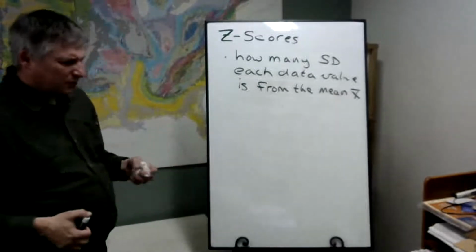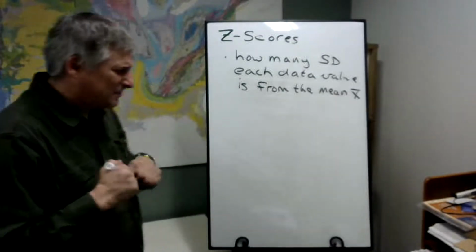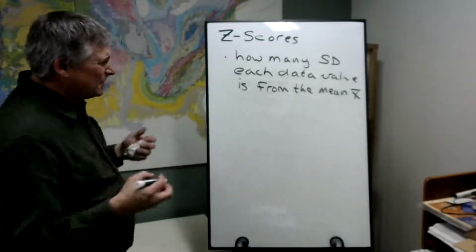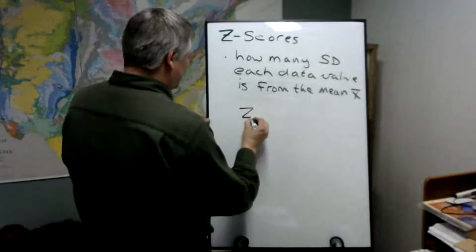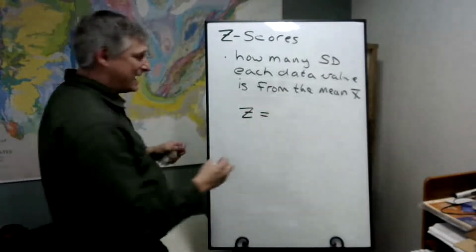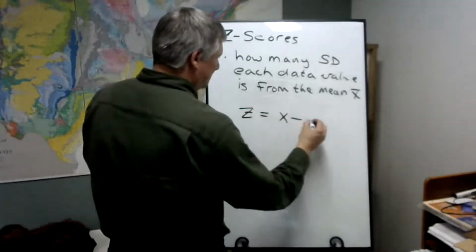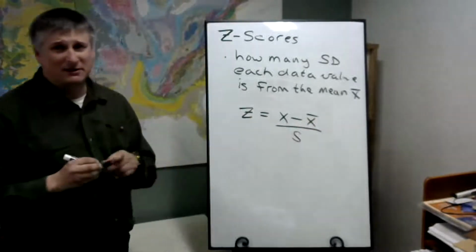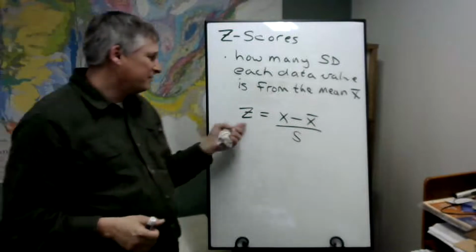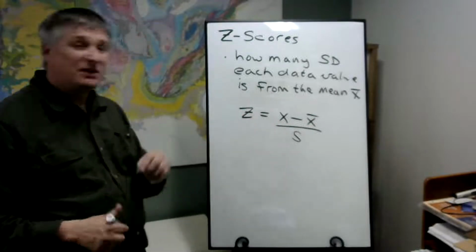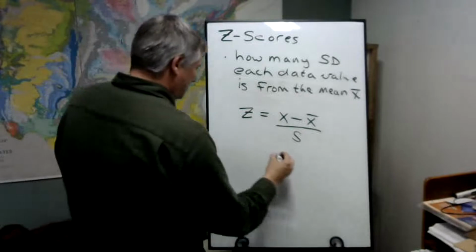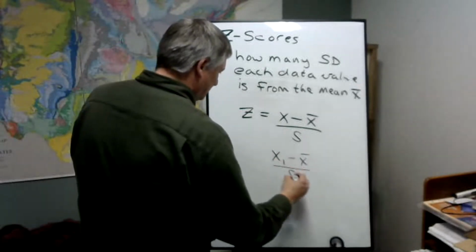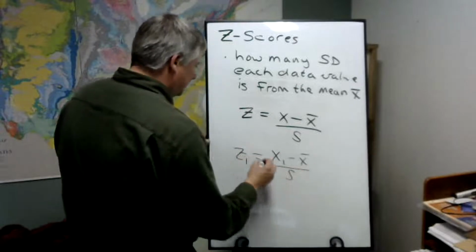So the idea of a z-score, and the way they present it using population means and population standard deviations. In practice, the z-score for any value x is we subtract the mean that we compute, divided by the standard deviation. And so we convert our x value into a z-score. So if you had our first x value, call that x1, we get z1.